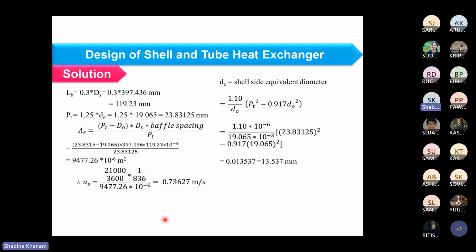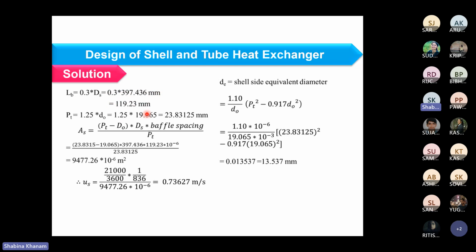So baffle spacing, if you see, the whole range varies from 0.2 to 1 times ds. But the optimum should be 0.3 to 0.5. So we will choose 0.3 as the initial guess for baffle spacing. So 0.3 times ds, the ds we have already calculated.